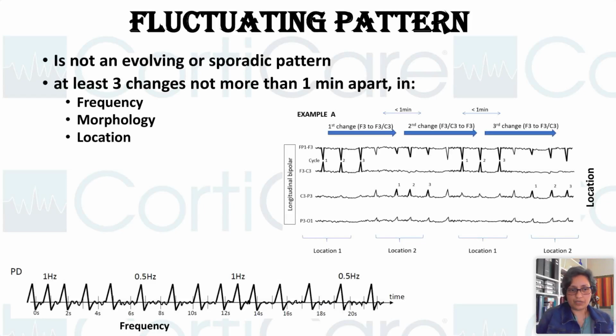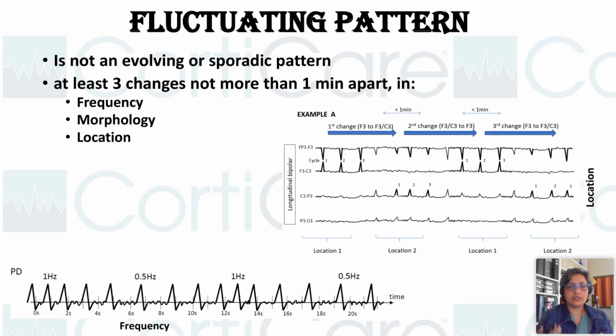Now, another one is frequency. Here is a pattern that changes in frequency from 0.5 to 1 hertz. That's when we give a range to describe our discharges, so either 0.5 to 1.25 or 0.5 to 1 hertz. The other way to describe this fluctuation in frequency is to count how many you are seeing in 10 seconds. If you are describing it in an epoch, make sure you specify a 10-second epoch or 15-second epoch.